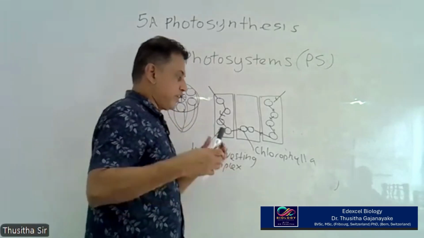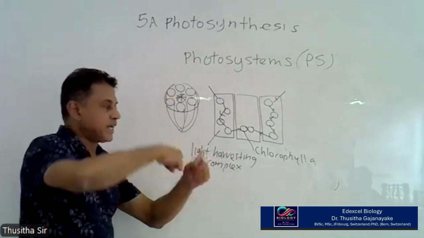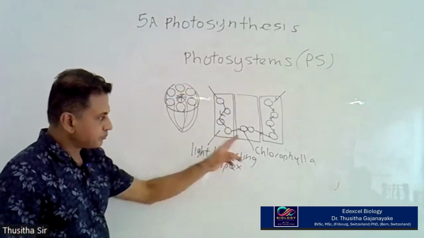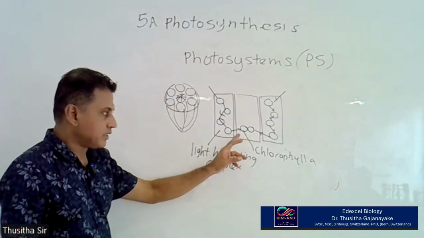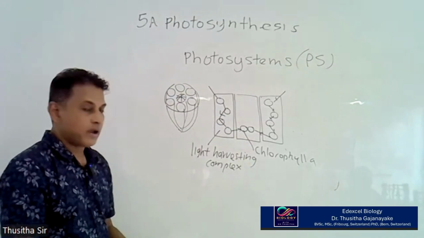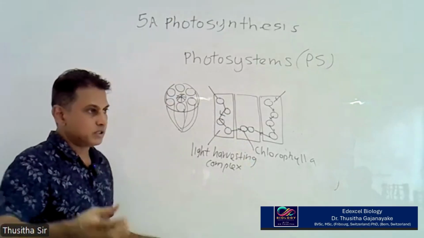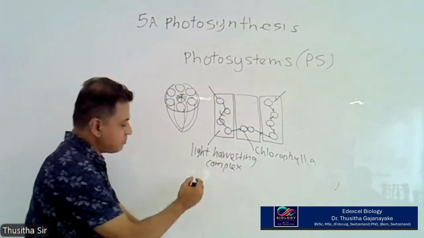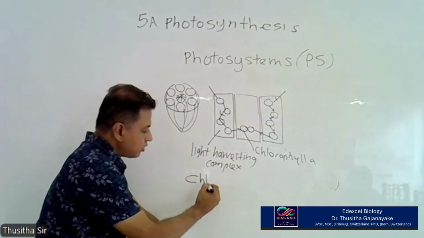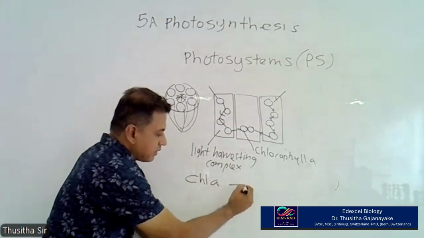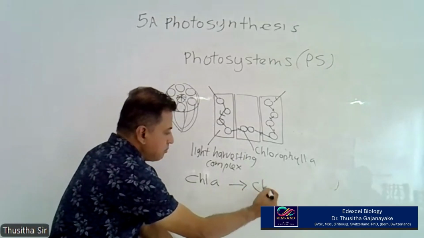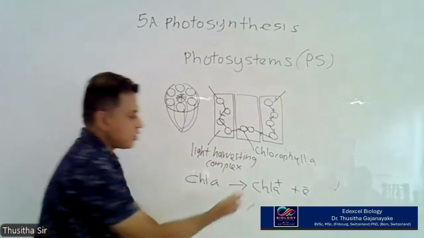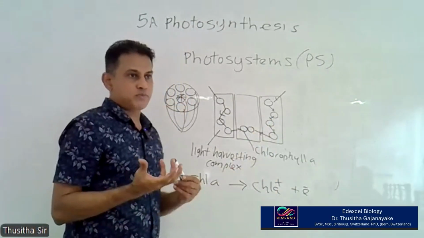You know that when you give energy, electrons jump to the next shell, and the energy of the sunlight excites the electrons. Then electrons get this energy and leave. So I can write this very basic equation like this. Chlorophyll A, after getting this energy, becomes chlorophyll A plus and electrons. Because it lost an electron, the molecule becomes positive.